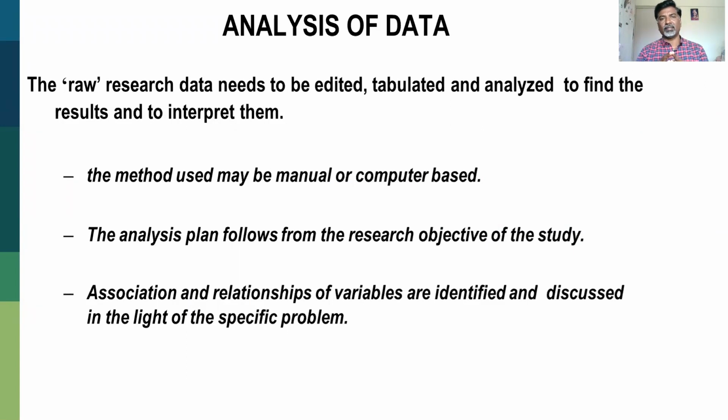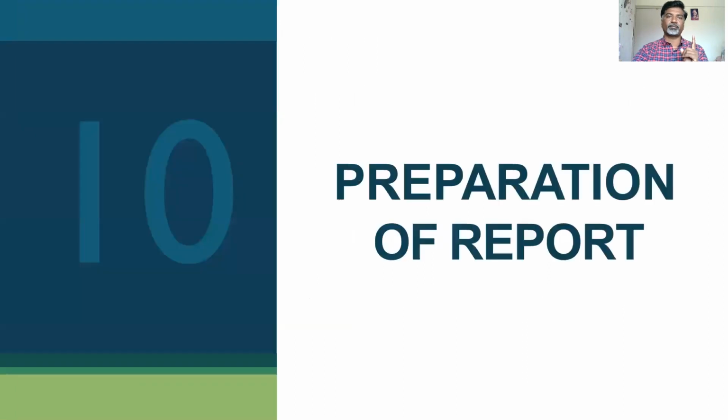While analyzing the data, you always have to take into consideration what the scope of your research is, what the objectives are, and whether the data you have collected focuses on your objectives, your significance, and your scope or not. All those things you have to consider while analyzing data.